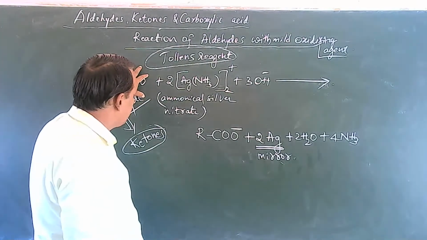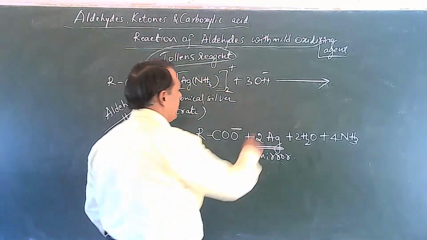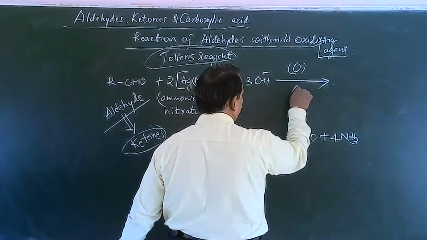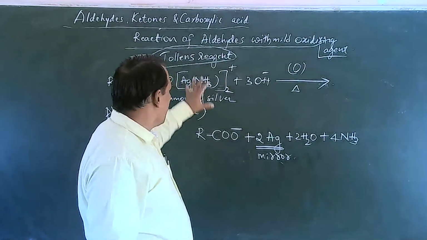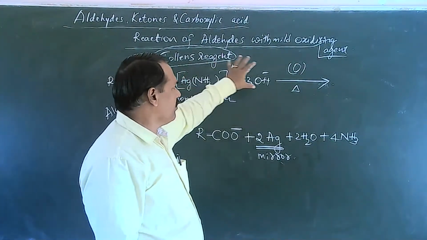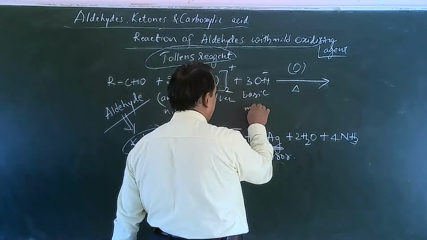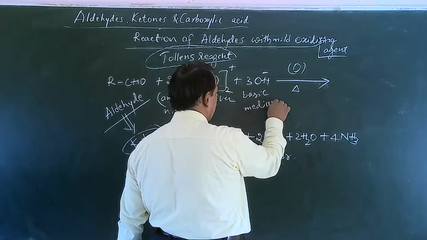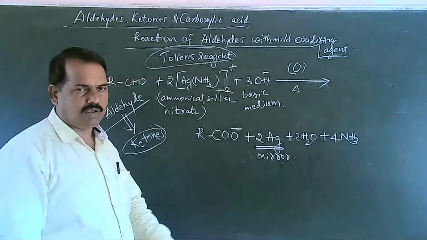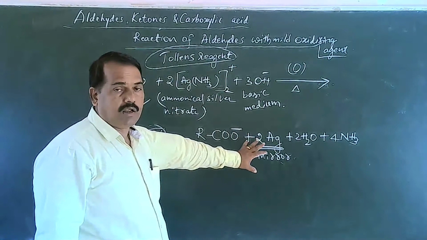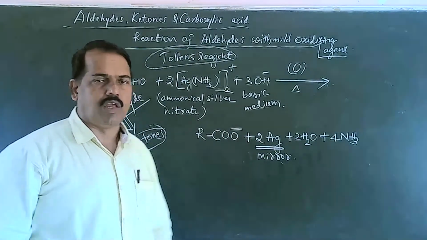When an aldehyde is heated with ammoniacal silver nitrate in the presence of a basic medium, a bright silver mirror is obtained.